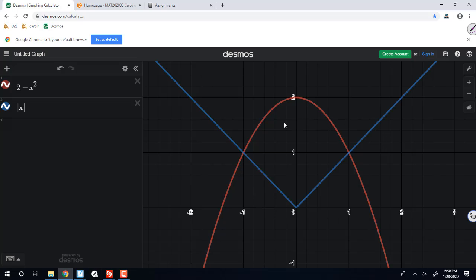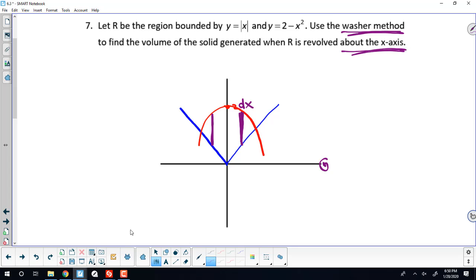So there's a better representation of what we're dealing with. Once we have our picture established, we're calculating the volume, taking this and revolving it around the x-axis.